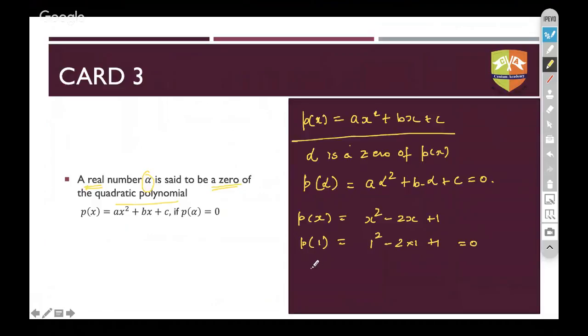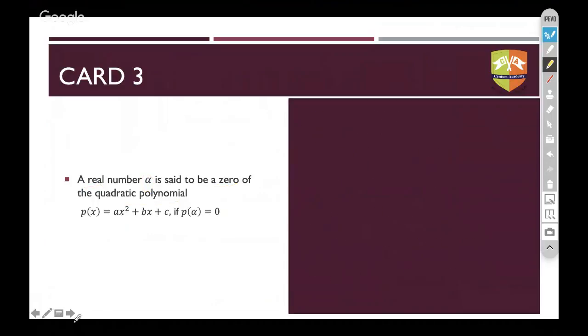So hence we can say 1 is the 0 of p(x). Okay, this is what is meant by 0 of a polynomial. Next, move to the next slide.